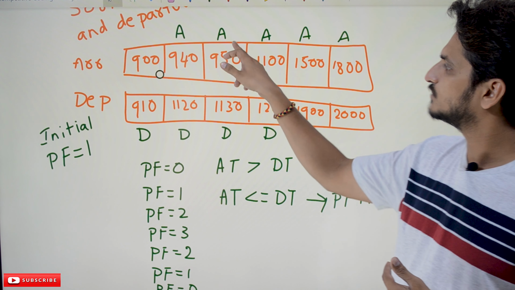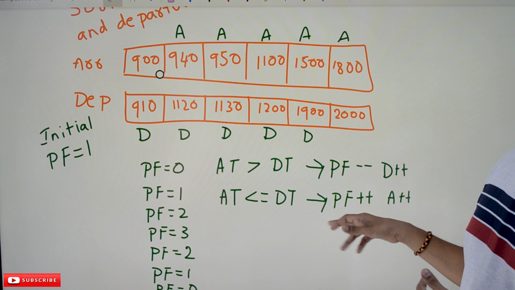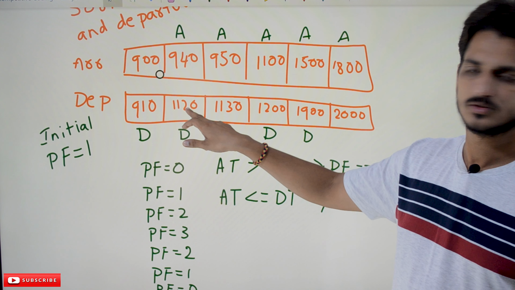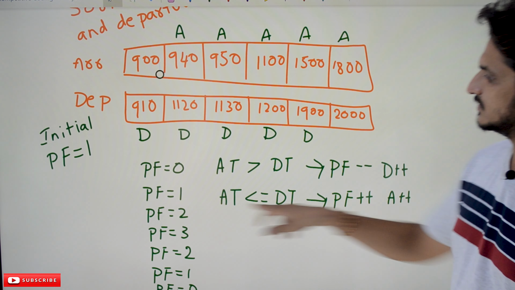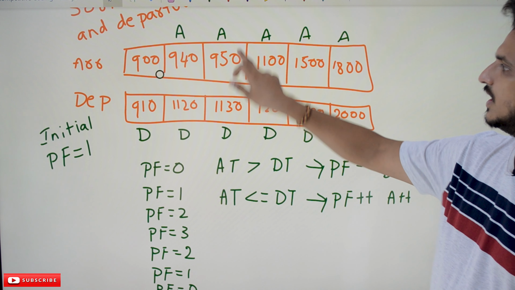So arrival plus, platforms plus. That's it. The logic is 9:40, 11:20, so platforms plus, it is going to be 1. Arrival plus, arrival moves here.